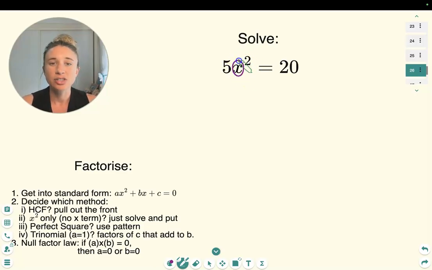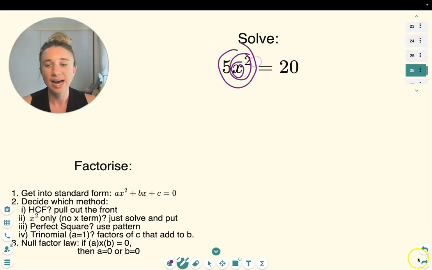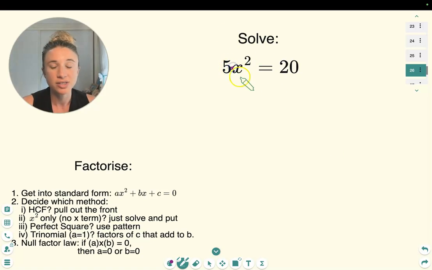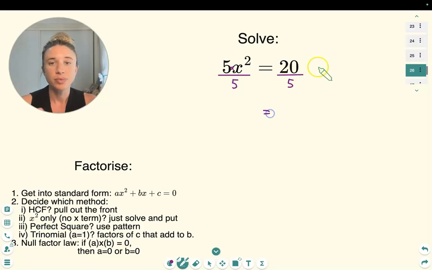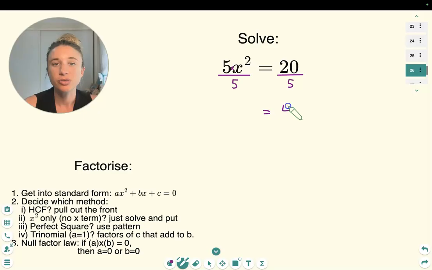I want to get x on its own. It's hugging x squared and then 5 is the outer layer. So I want to remove that 5, that coefficient, first. There's a little invisible multiply sign, and the opposite of multiplying by 5 is dividing by 5. What I do to one side, I do to the other. 20 divided by 5 is 4. x squared equals 4.